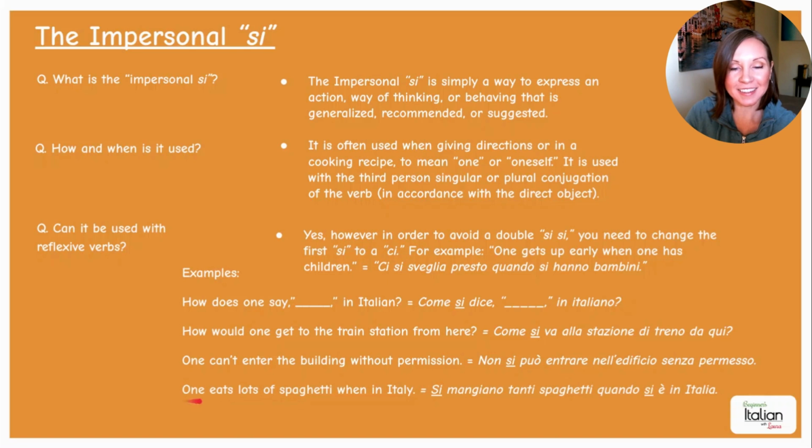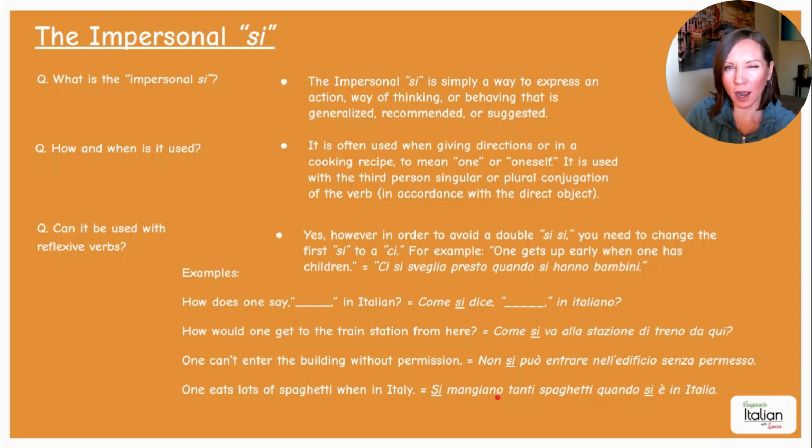One eats lots of spaghetti when in Italy. Okay, so si mangiano tanti spaghetti quando si è in Italia. Okay, so in this example, I have two different forms of the verb here. In this first instance, we're using si mangiano. And if you notice, this is the third person plural conjugation of mangiare.